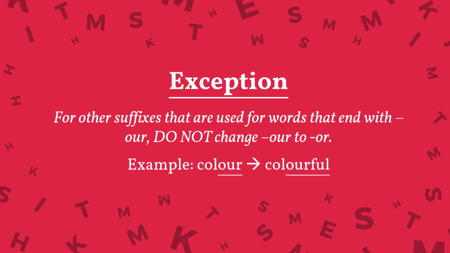For the other suffixes that we have used for words that end with OUR, we do not change OUR to OR. So other than the suffixes that we have seen in the previous rule, we do not change OUR to OR for the other suffixes. As you can see in this example, color, colorful. Here we have not changed OUR to OR. So that particular rule was specific to the given suffixes.